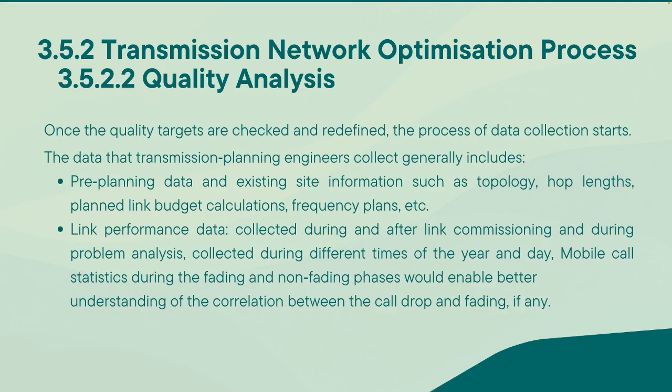The quality targets are checked and redefined, and the process of data collection starts. The data that the transmission planning engineer collects generally includes two types: pre-planning and line performance. The pre-planning data is existing site information such as topology, hop length, planning line, budget calculation, frequency plan, or something else.